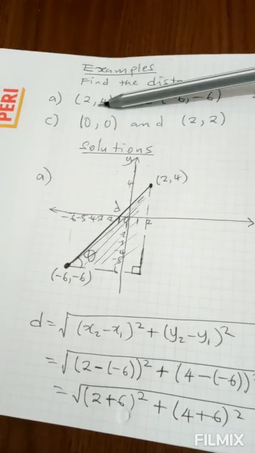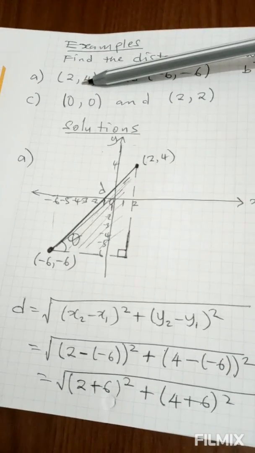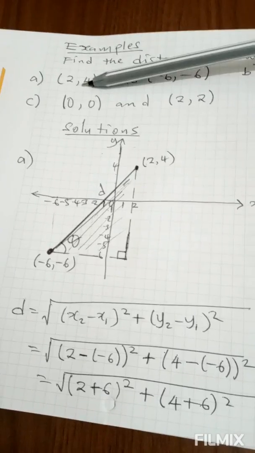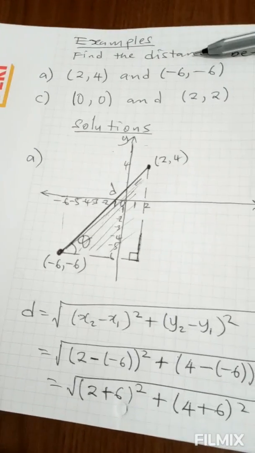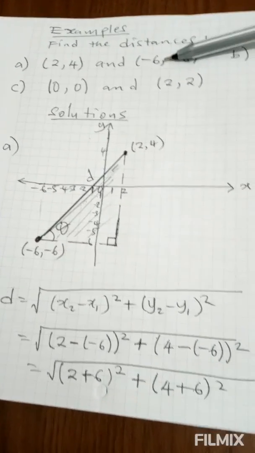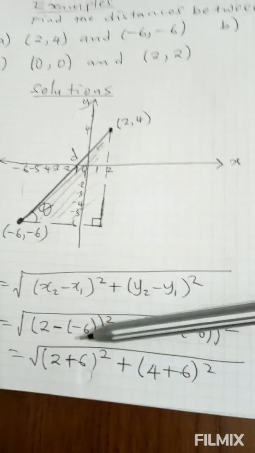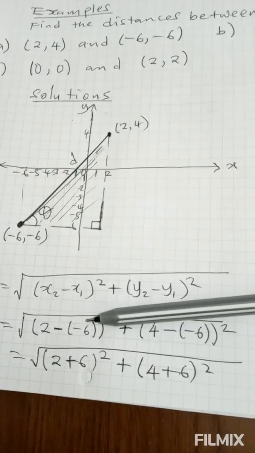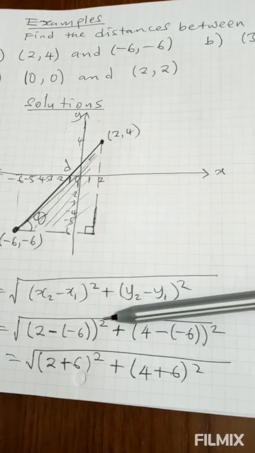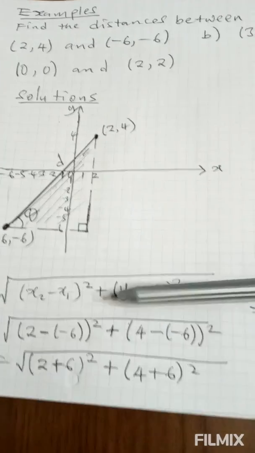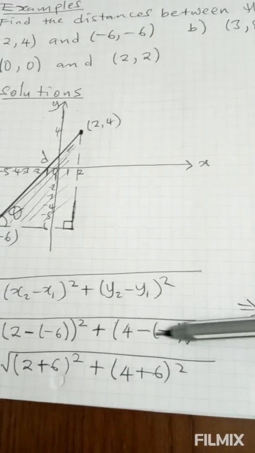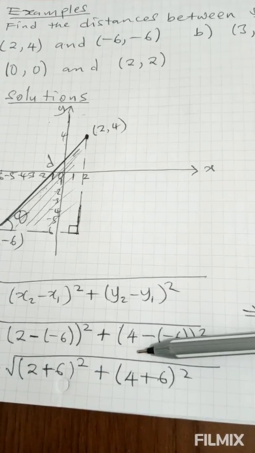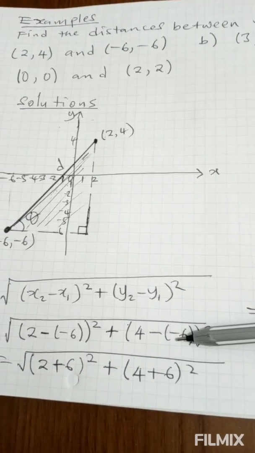So we can either choose this side or this side to start with. Here we have x2 as 2 and x1 as -6, and we have y2 as 4 and y1 as -6.